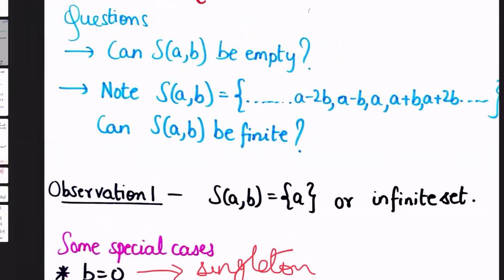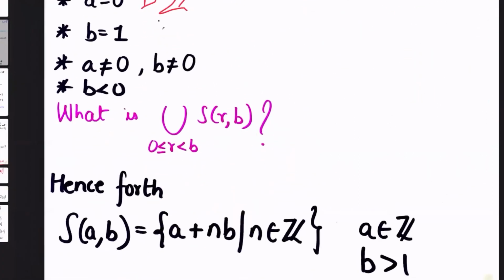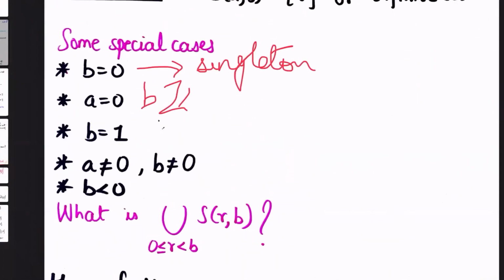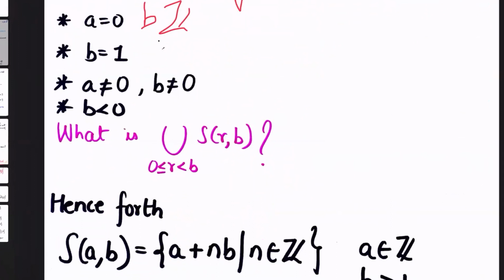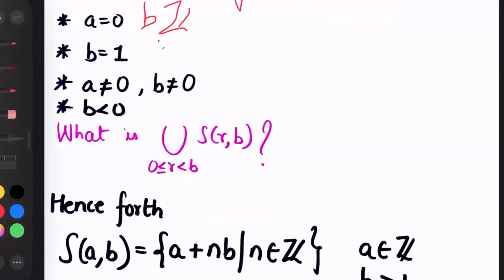So we ignore the cases of B being less than 0 or B being equal to 0 because that just gives you a singleton set, and B being equal to 1 because that gives you the whole of Z. So henceforth, when we consider these sets of the form S_{A,B}, we will be considering B to be strictly greater than 1.